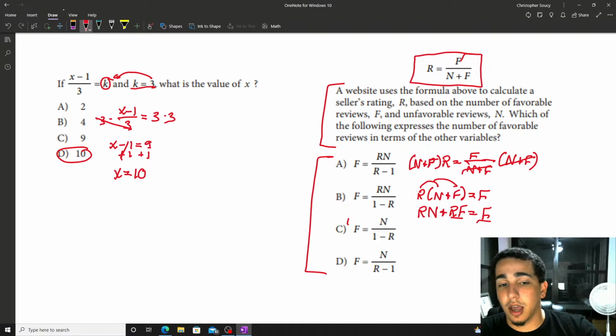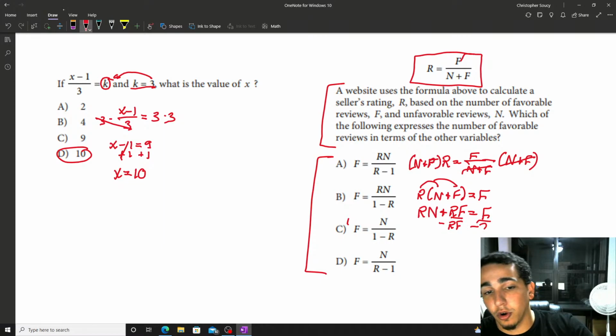So all we have to do to get all the f's on the right side is subtract rf, or move rf over to the right side of the equation. So we're going to subtract rf on both sides, and we're going to get that rn equals f minus rf.